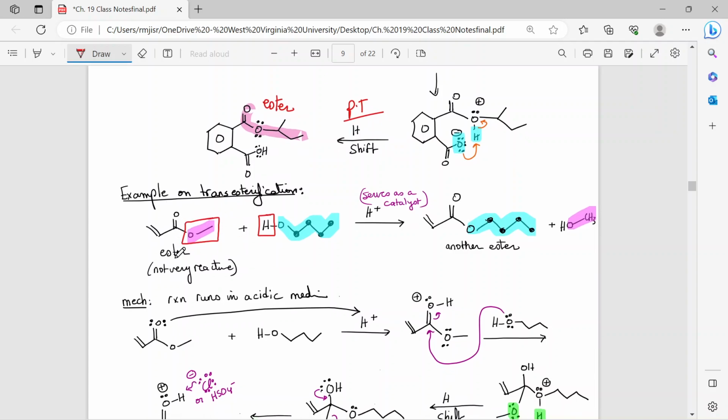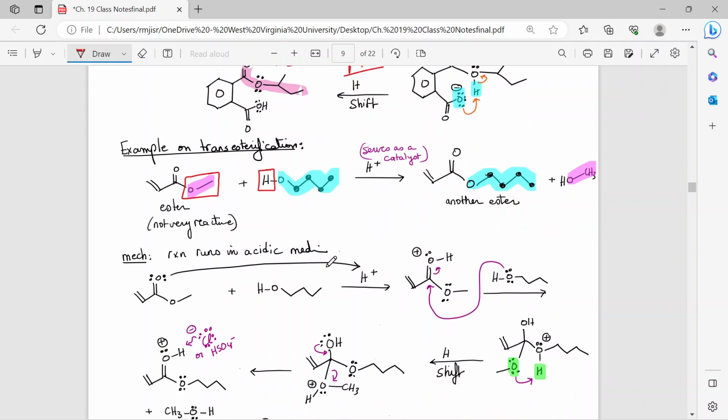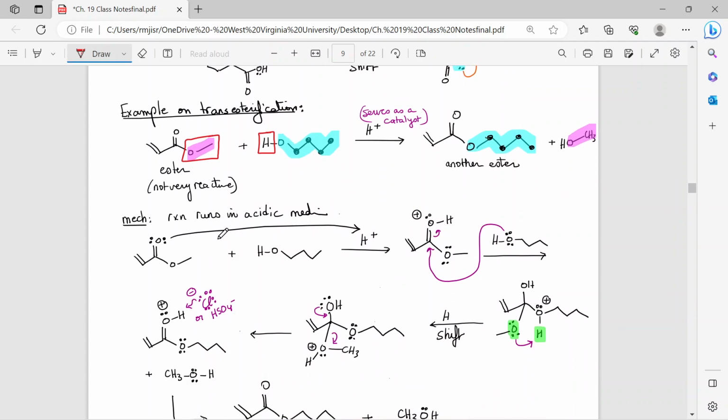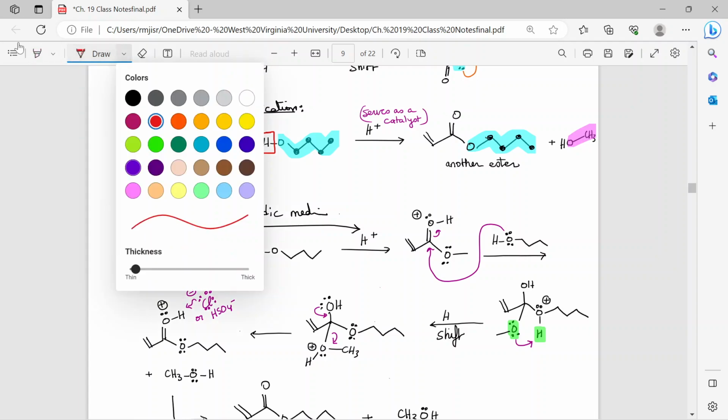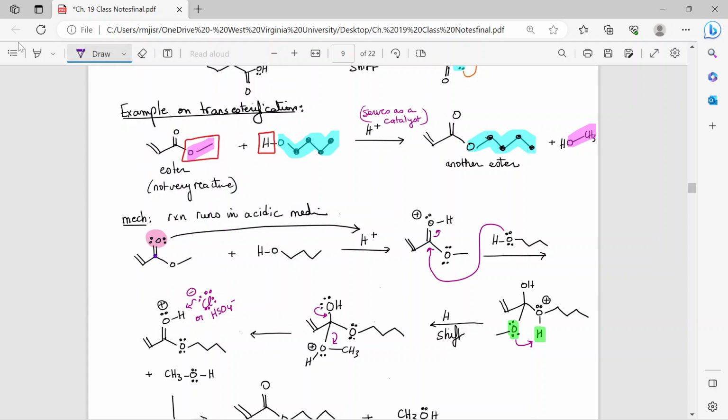Esters are not very reactive. This is why we are using a catalyst, which is the acidic hydrogen. So the reaction is going to happen in acidic medium as usual. In the first step, you are protonating this oxygen so that you can make this carbon over here very partial positive.